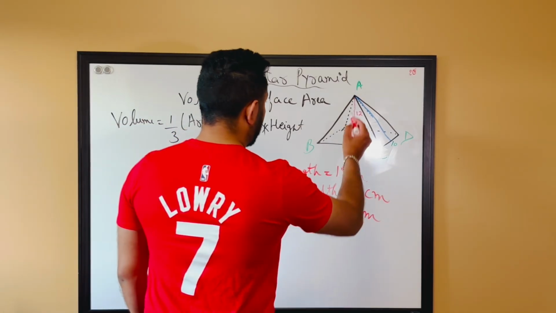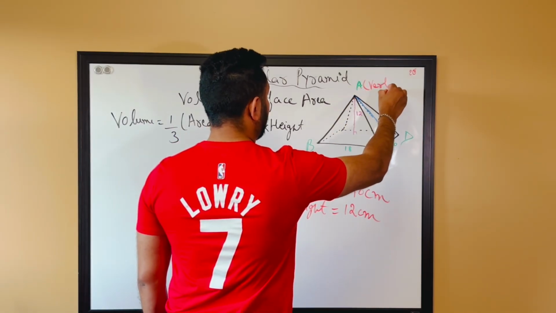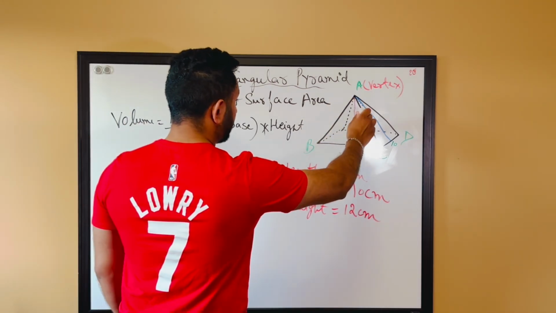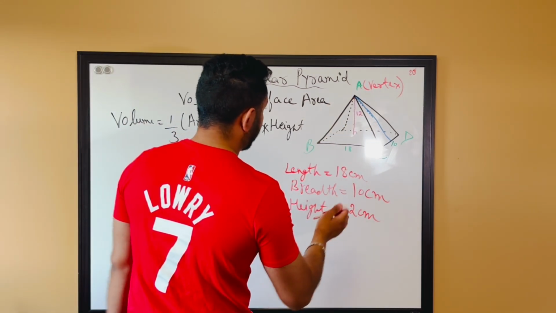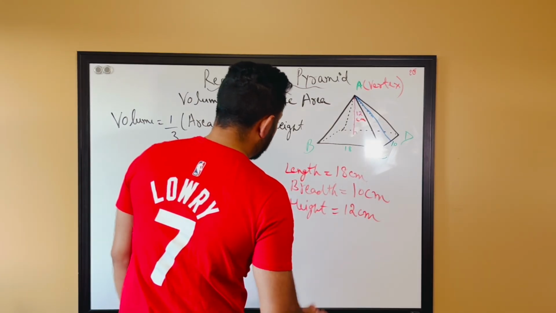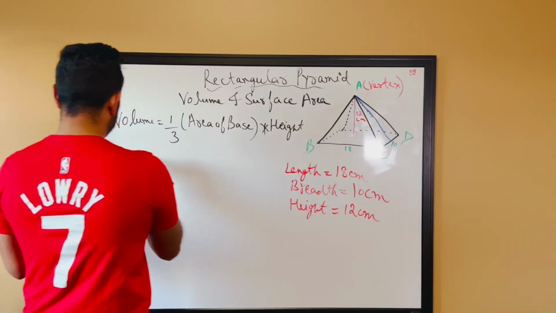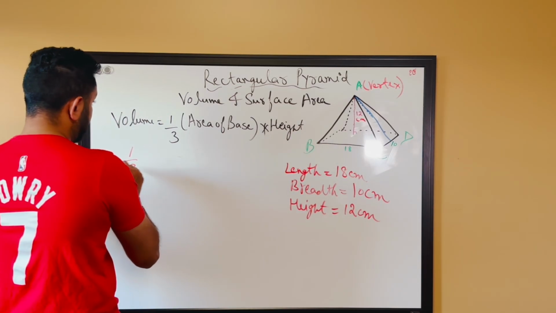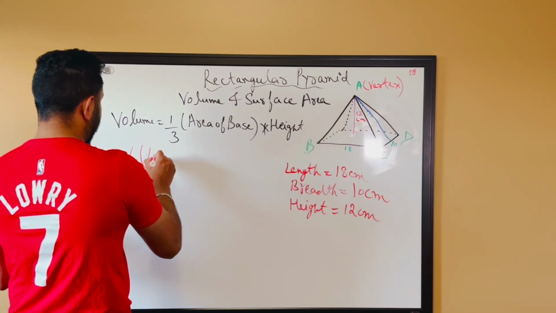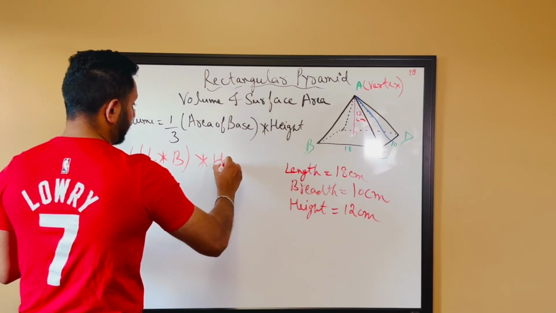So it is a perpendicular distance from the apex, which is also called the vertex, to the base of the rectangular pyramid, which is 12 centimeter. And we already know that the area of a rectangle is length into breadth, and into height.